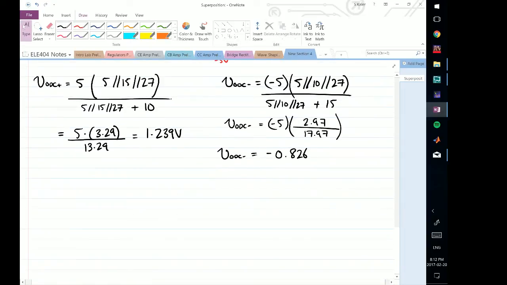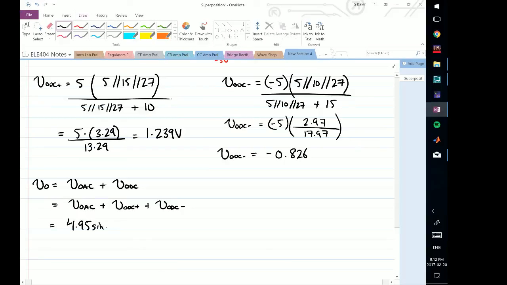So now what do we do? Now what I say is that VO is going to equal VOAC plus VODC. And I can say that VOAC plus VODC is going to be equal to VOAC plus VODC plus plus VODC minus. This we found was 4.95 sine omega t. And this we found was 1.239. And this we found was actually minus 0.826 volts.